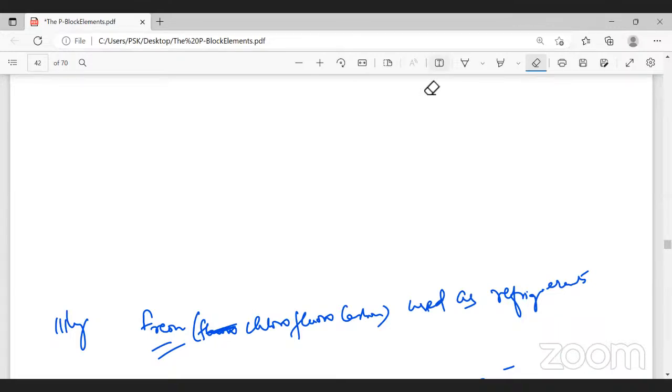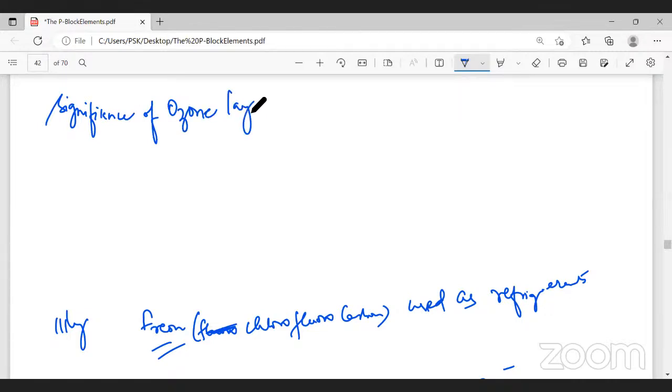What is the importance, the significance of the ozone layer?